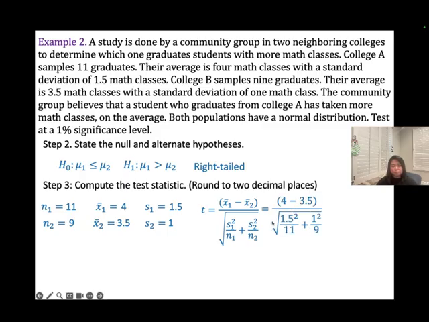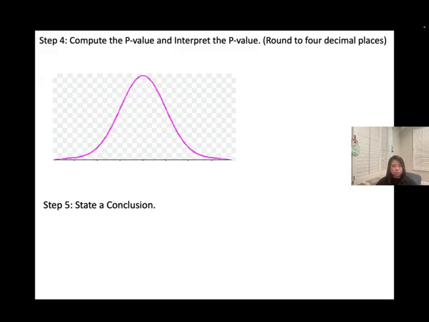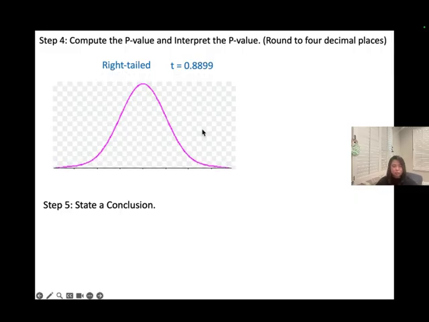What do you get? You should get 0.8899. Okay, so you have the right tail, and the test statistic is going to be 0.8899, around like here. Okay, and then the p-value will be the area of your right tail.